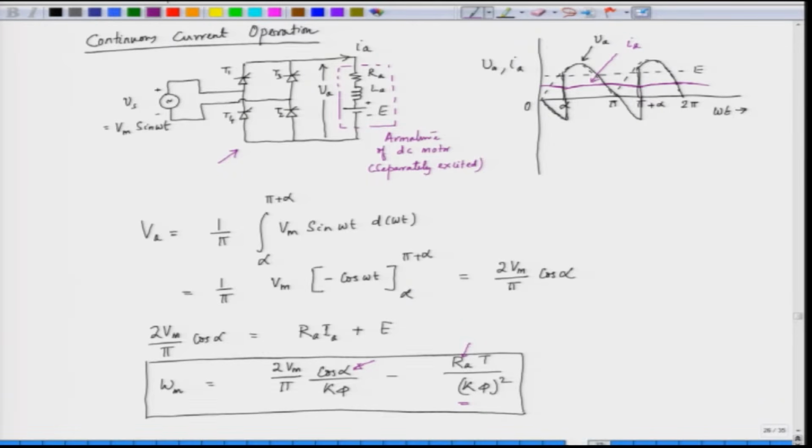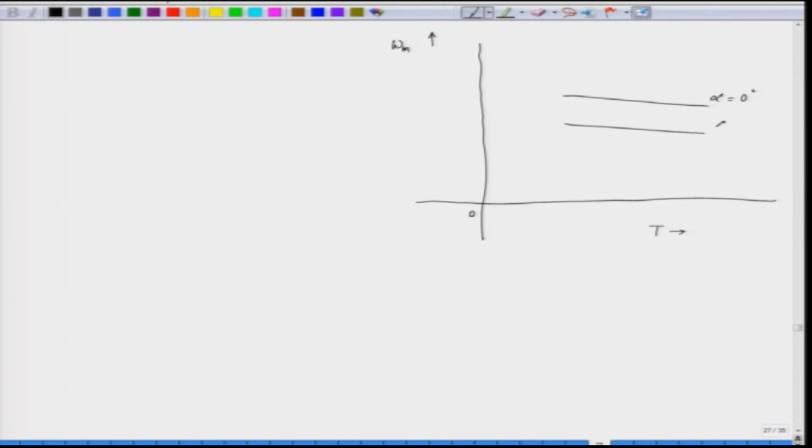So, if we plot this torque speed characteristic, taking the speed on the y axis and torque on the x axis, we plot for various values of alpha: alpha equal to 0 degree, alpha equal to 30 degree, alpha equal to 60 degree, and then we can also plot alpha 90 degree.